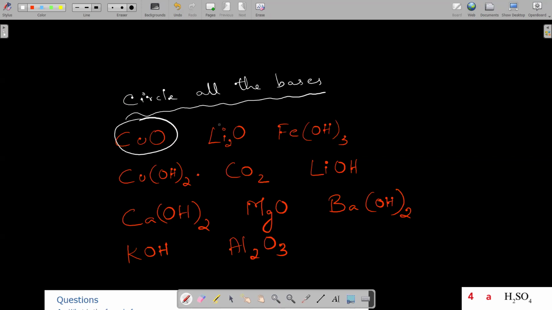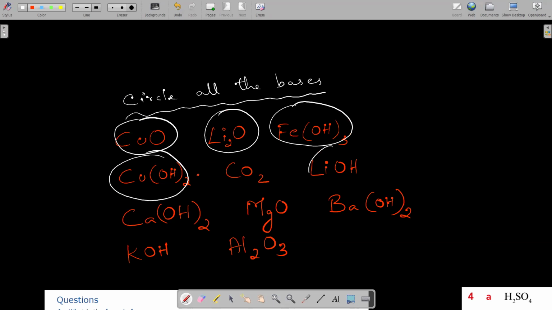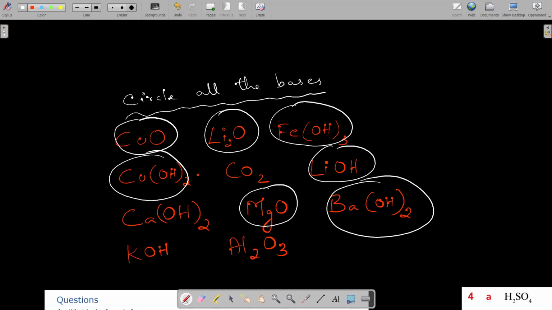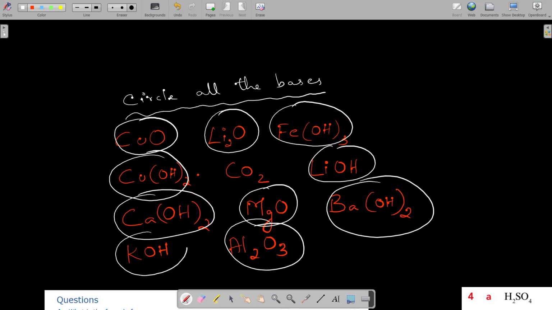Calcium oxide is a base, lithium oxide is a base because they are metal oxides, ferrous hydroxide, copper hydroxide, lithium hydroxide, barium hydroxide, magnesium hydroxide, aluminum oxide, calcium hydroxide, and potassium hydroxide. So all of these are bases.